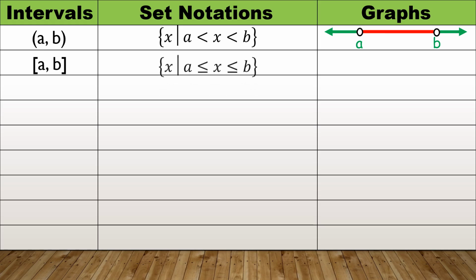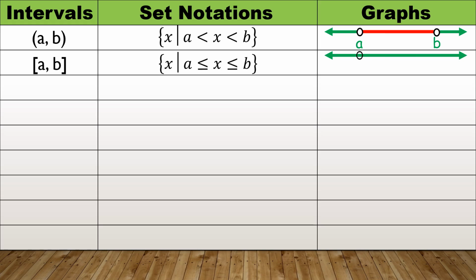So, paano ba siya sa set notation? For all values of x such that x is greater than or equal to A but less than or equal to B. Ibig sabihin yan, kasama si A at si B sa solution set.